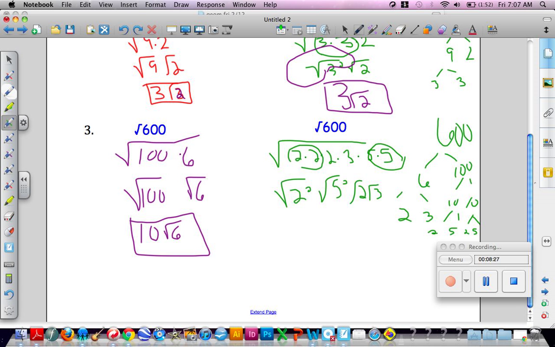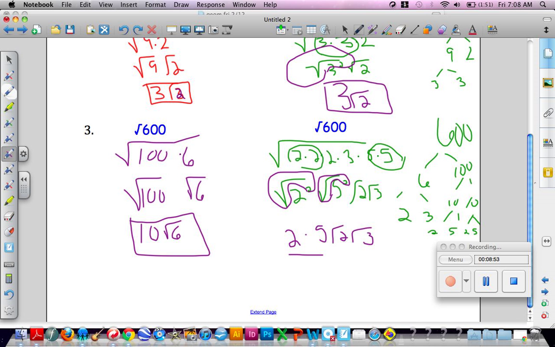So now, again, we've talked about this before. The square root and the square cancel each other out. So that leaves me with a 2, an integer. Square root and square cancel each other out, leaving me with 5. And then I've got root 2 and I've got root 3.